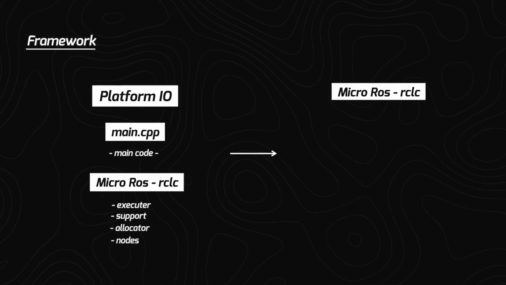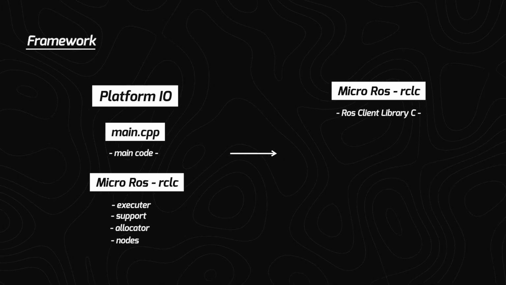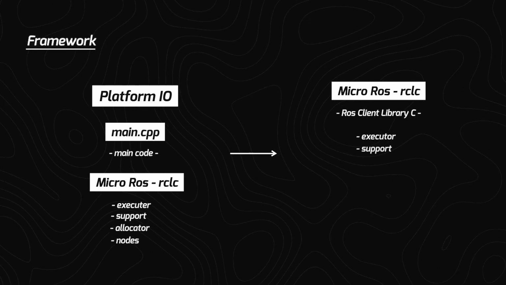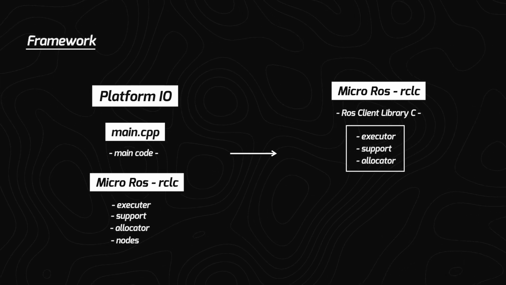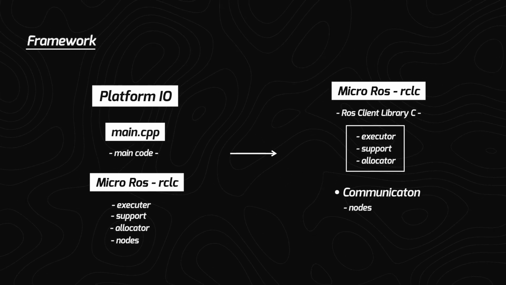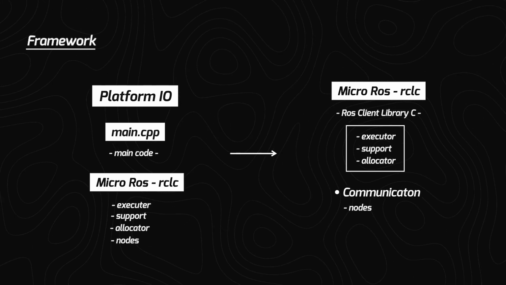Micro-ROS provides us the interface using RCLC, which is the ROS client library for C, and in C we have an executor, support, and allocator. These three main things provide us the capability of communication between nodes on a ROS2 framework through ESP32 embedded hardware to our laptop.